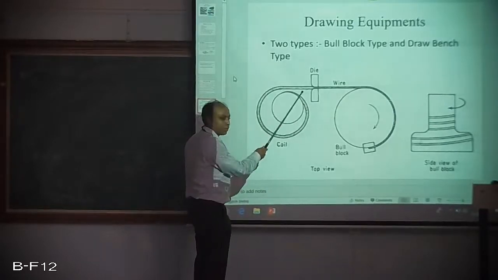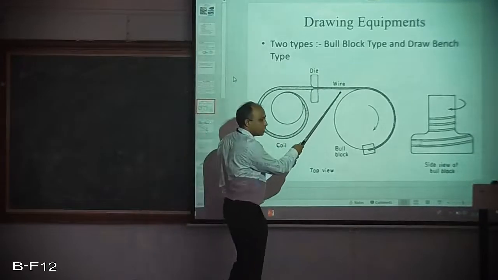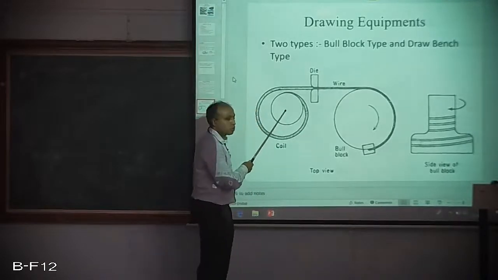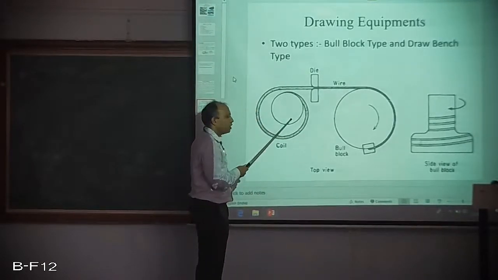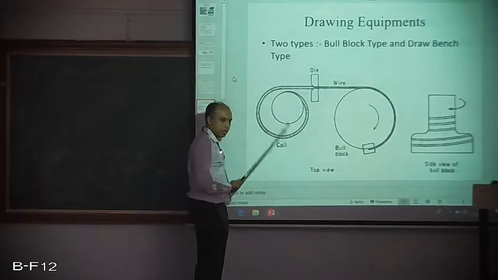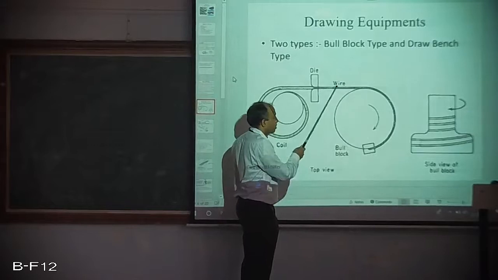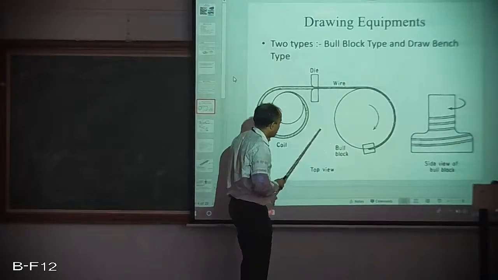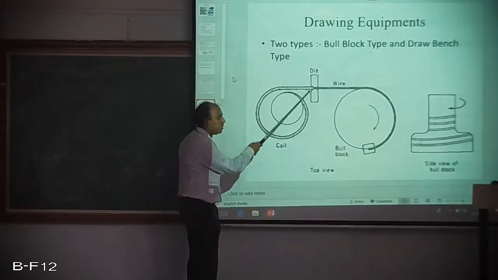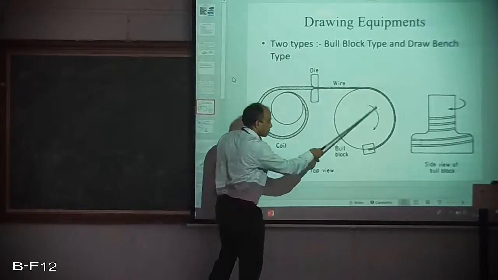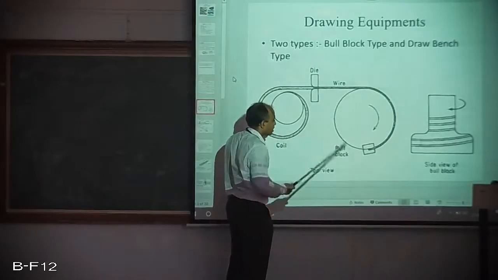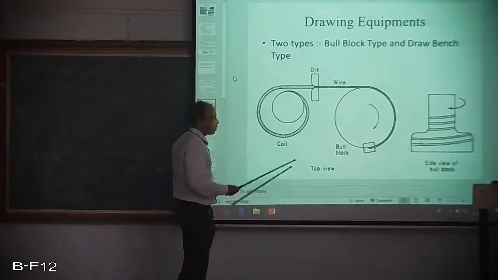This is the incoming material, this is the outgoing material. Incoming material is also wire, coiled on a drum, but of larger diameter. Outgoing material is also a wire, but of smaller diameter. So it is uncoiling here, feeding the material, and here it is coiling. This is only one set that I am showing.